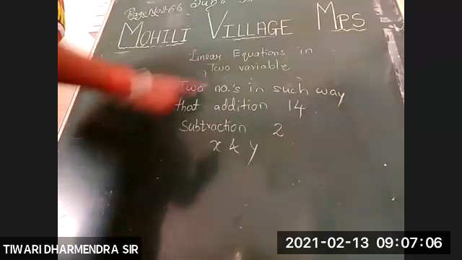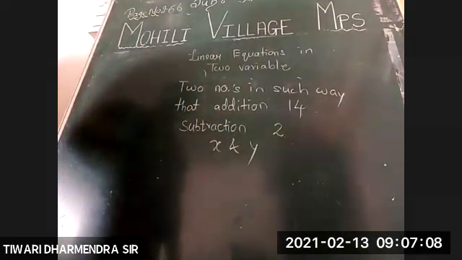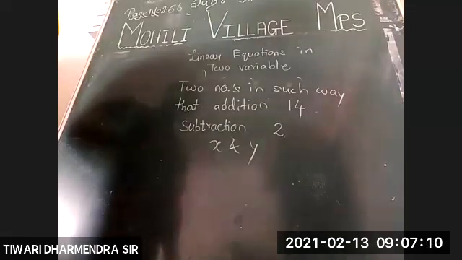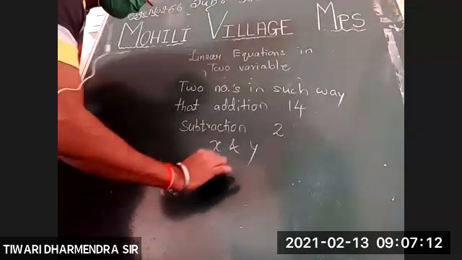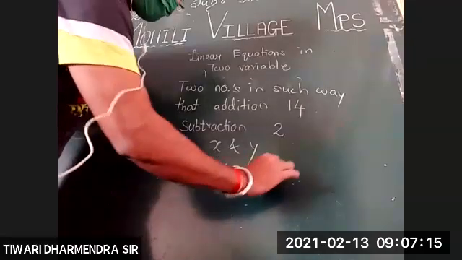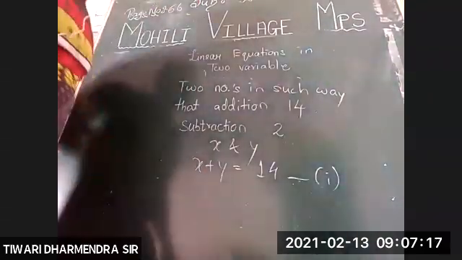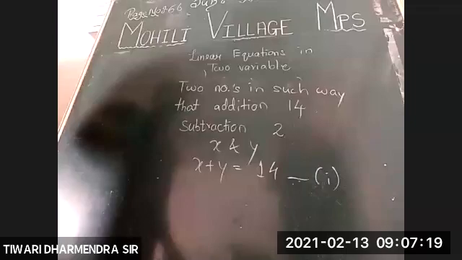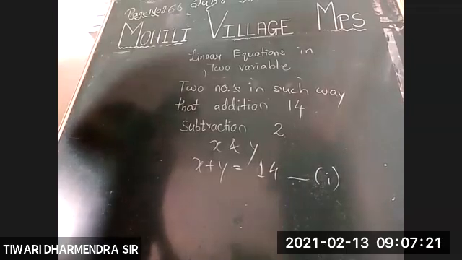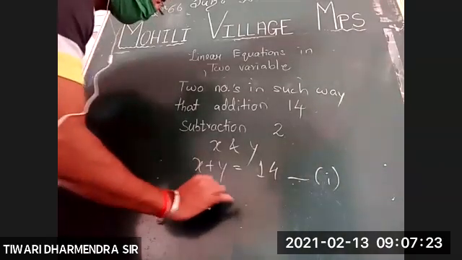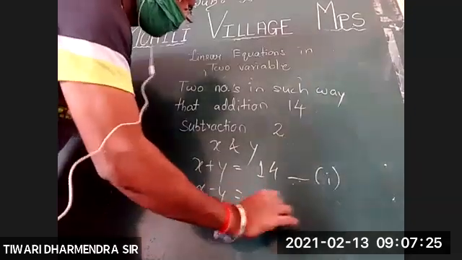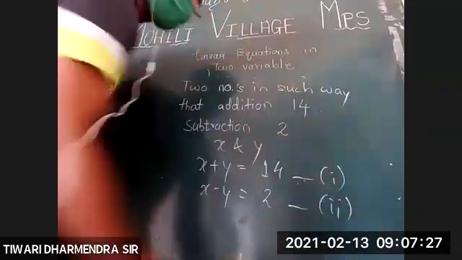According to the conditions, the first condition is that the addition of these two gives me 14. So I will take x plus y as 14. Okay, first equation. And the subtraction of these two gives me 2, so x minus y is equal to 2. This is my equation 2.